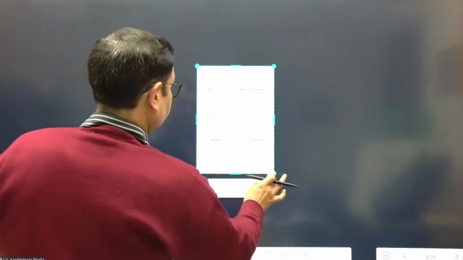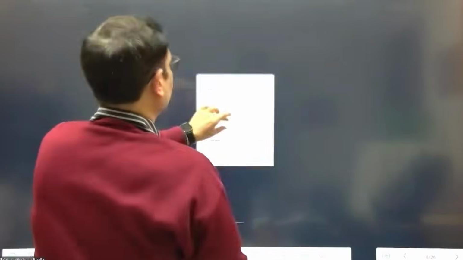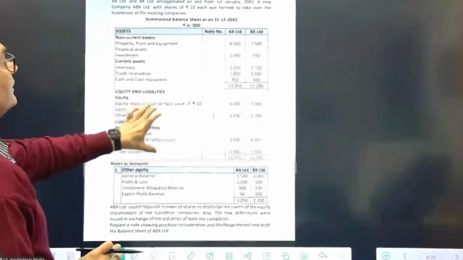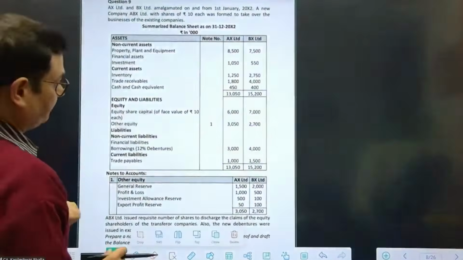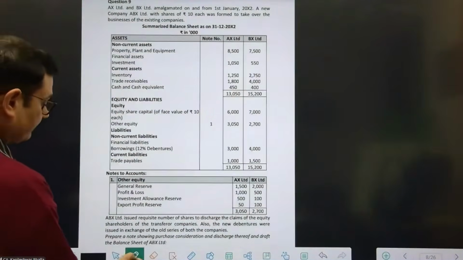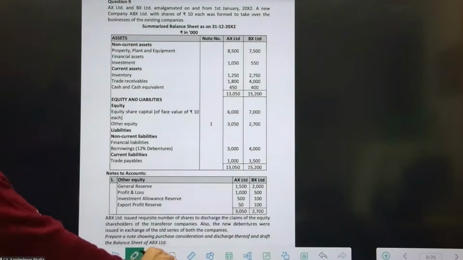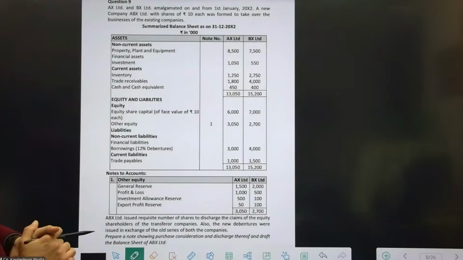Let me crop this a bit. I hope the visibility is fine. Yes, perfect. Okay, so I'll read the facts given in question 9.